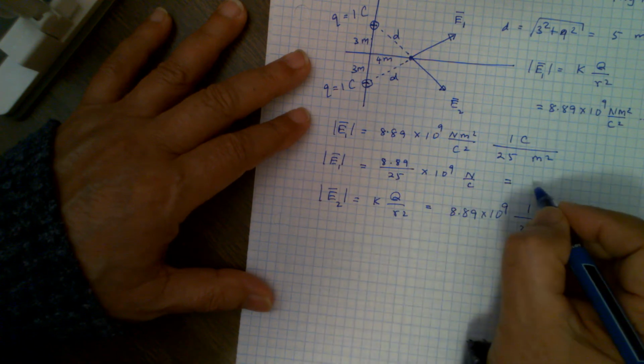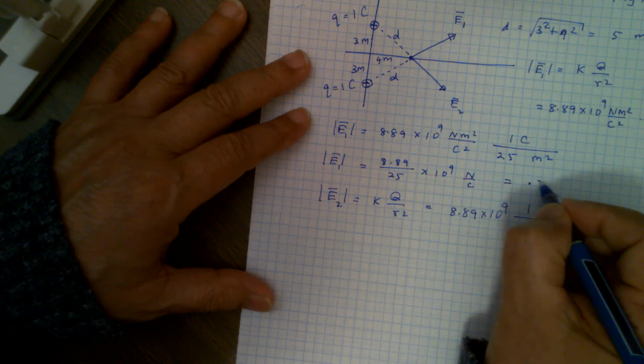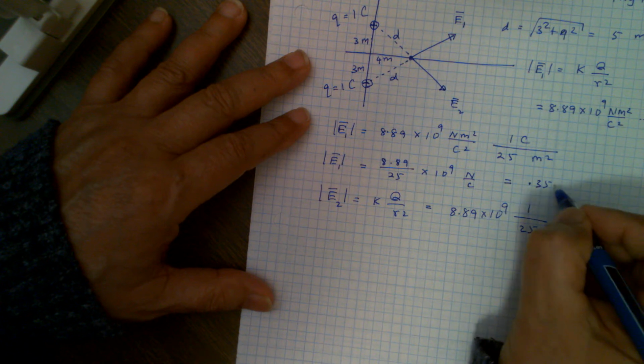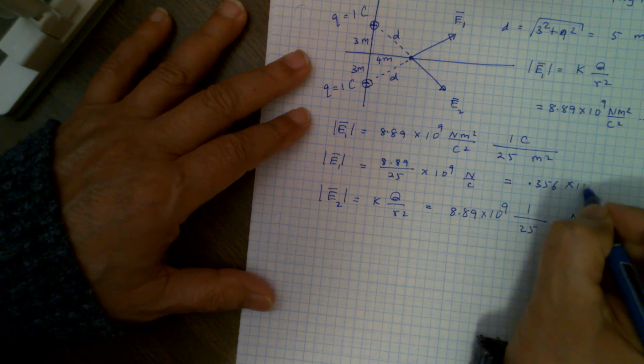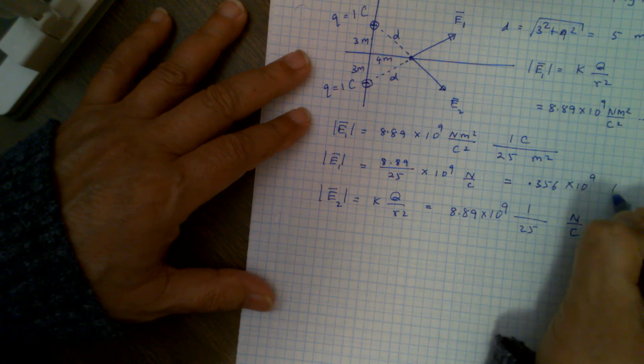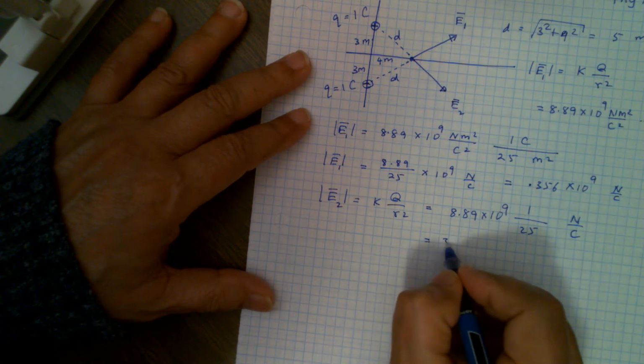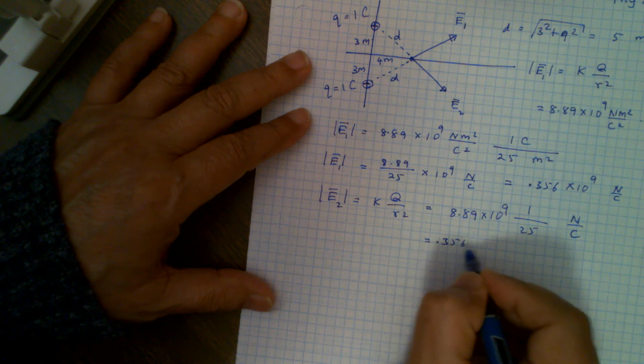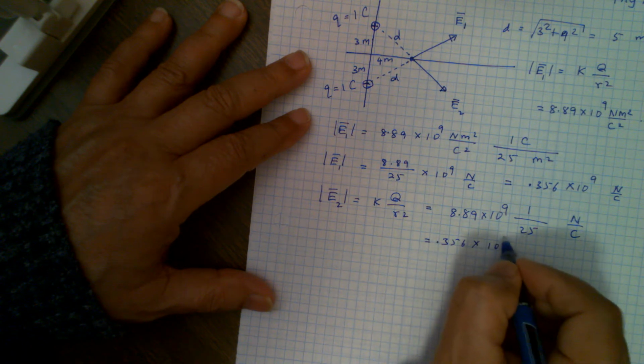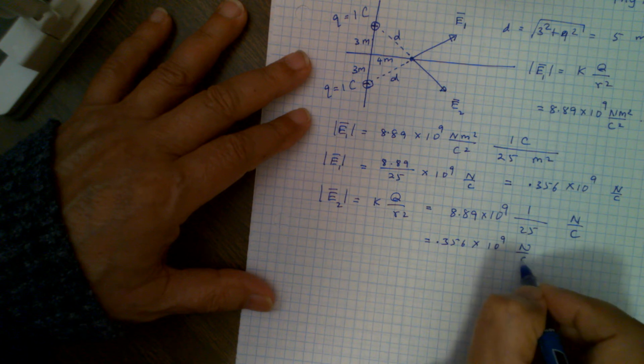So that's 0.3556 times 10 to the power 9 Newtons per Coulomb. And so this will also be 0.3556 times 10 to the power 9 Newtons per Coulomb.